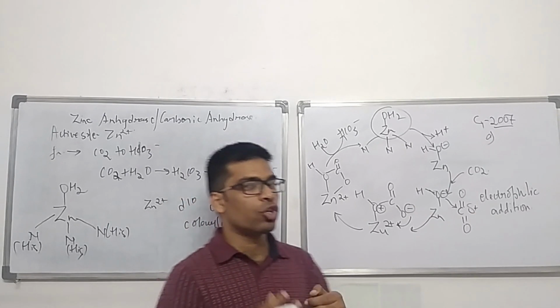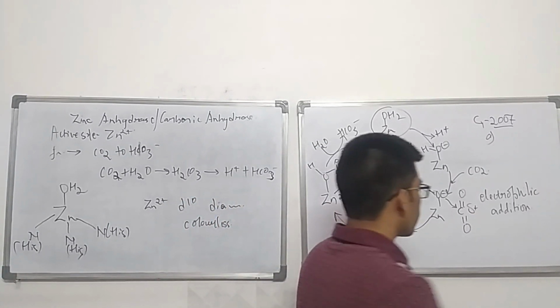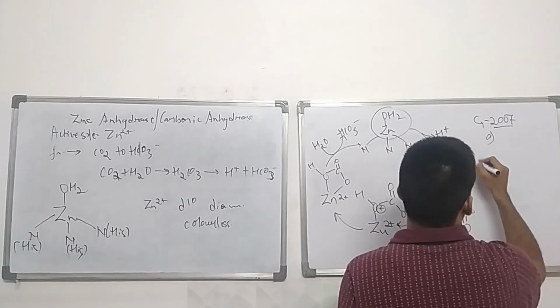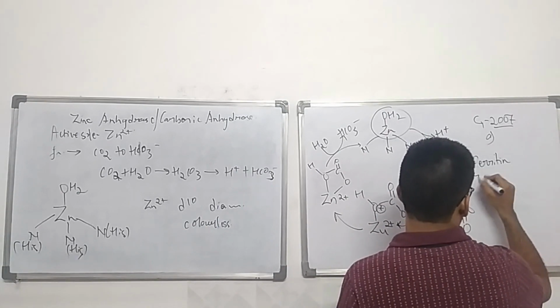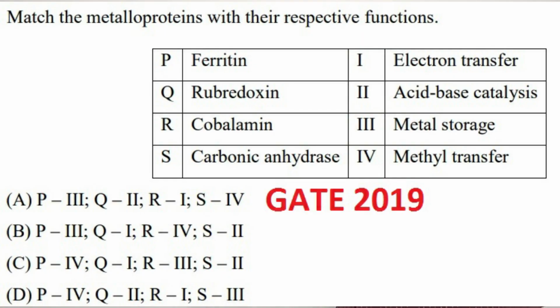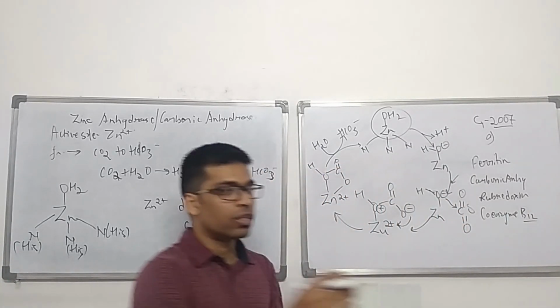So the question was, you were given 4 different proteins, and the proteins were ferritin, zinc anhydrase, or I think it was carbonic anhydrase, and then there was rubredoxin, and coenzyme B12. And you were asked to match them to their functions.